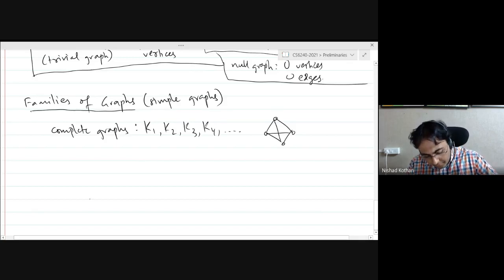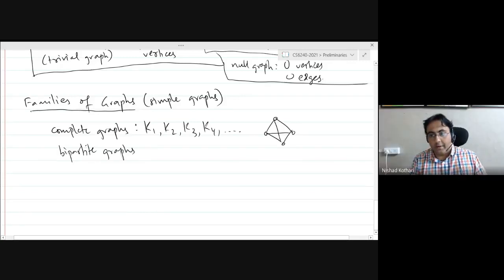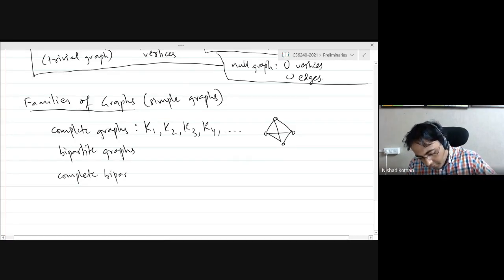Okay, is everybody familiar with bipartite graphs? If you are not, please turn on your mic and tell me about it. Then we have complete bipartite graphs.